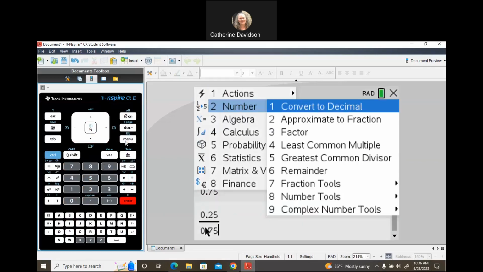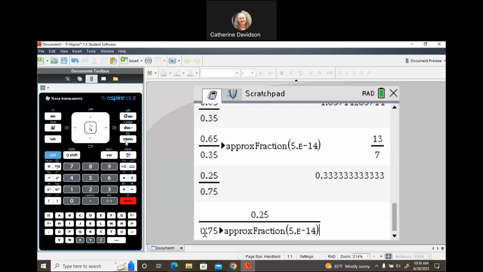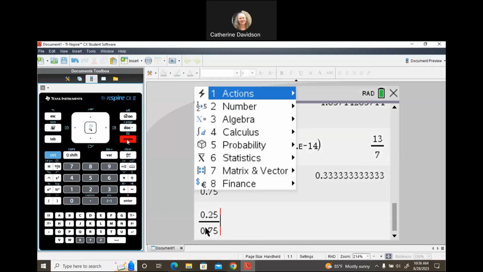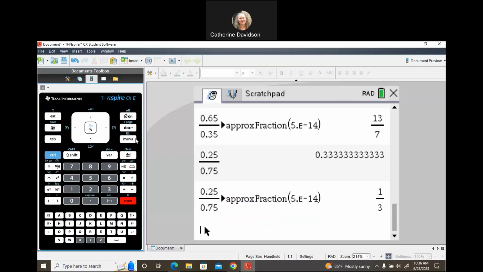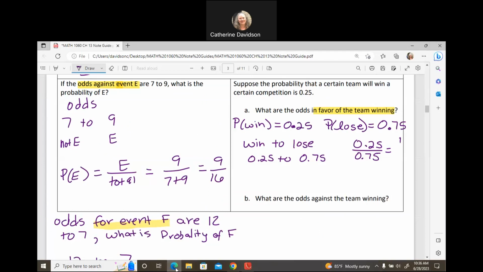When I do it like this, it's just telling me, oops, did not mean for that to be on the bottom. I'm telling the calculator to give me the answer as a fraction. So that's 1/3. Okay. So the odds in favor of the team winning are 1 to 3. So they win one game for every 3 that they lose.